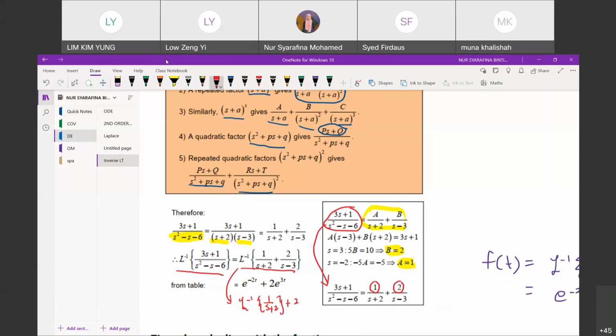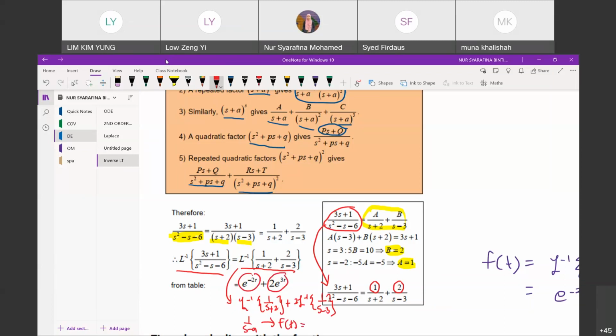So 2 put outside. So this is mapped to what? 1 over s minus a, where we can get f(t) equals e to the minus 2t plus 2e to the 3t.